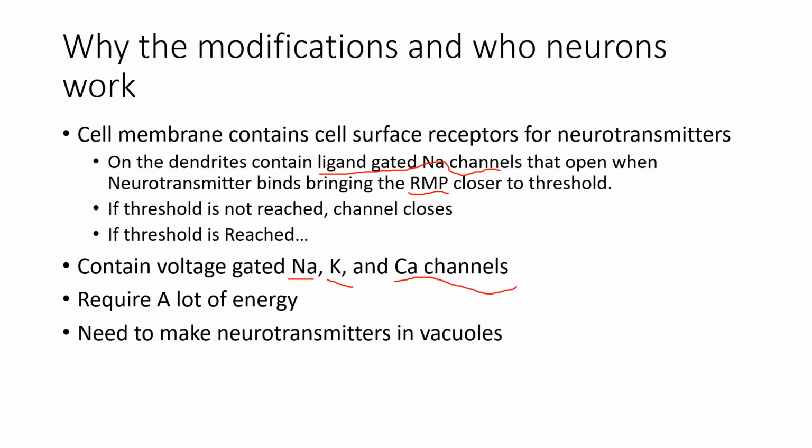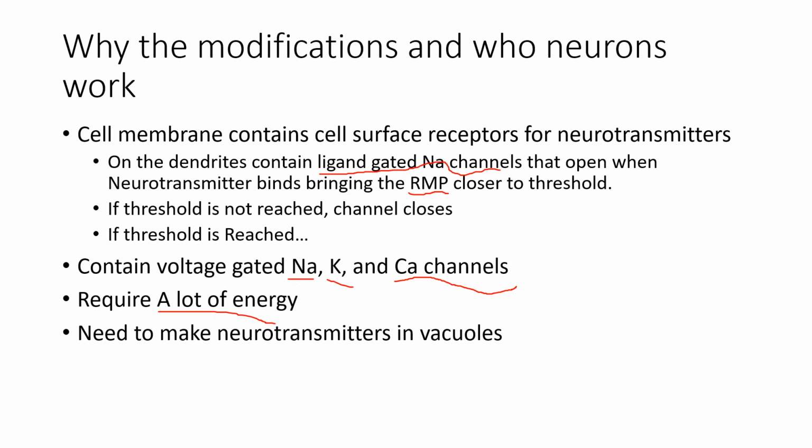Now, one thing, while moving all this sodium out of a cell and potassium into the cell, calcium into the cell, pumping it out, all that letting stuff go through diffusion doesn't require energy, but setting everything up requires a lot of energy. That's why, again, you need the mitochondria.